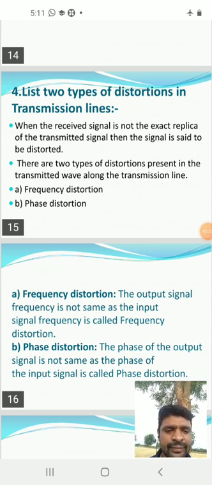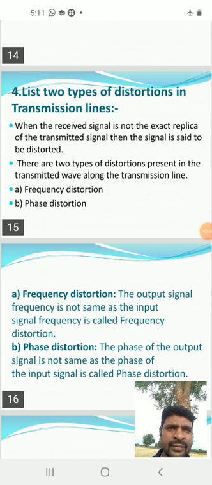Phase distortion: when the phase of the output signal is not the same as the phase of the input signal, it is called phase distortion. That means in any circuit, when we give a signal, the output signal phase varies from the input signal phase.